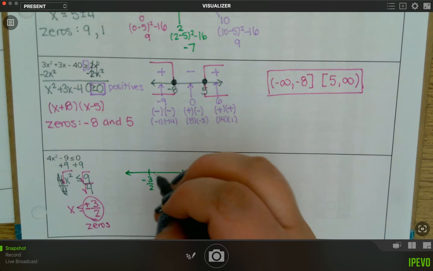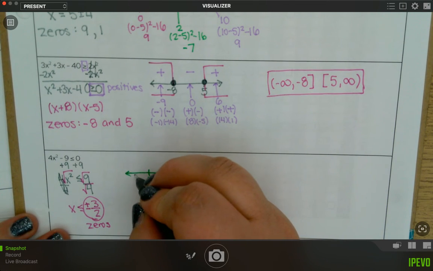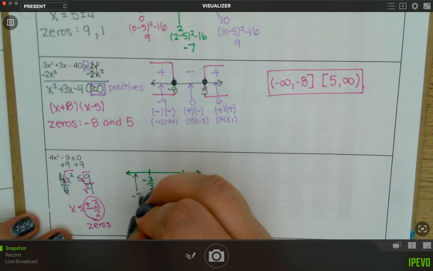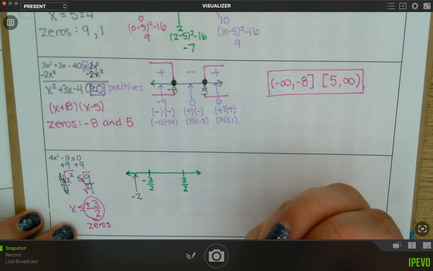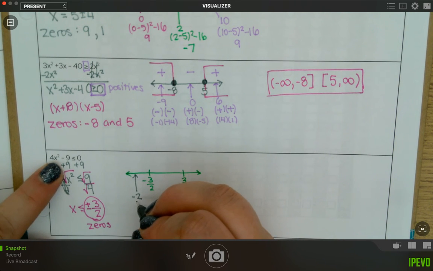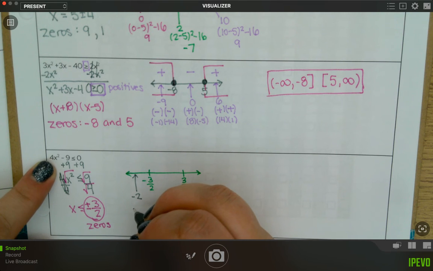Okay. Something to the left of -3/2 is -4/2 or -2. And this is one that doesn't have factors, so you kind of just have to plug it in. -2 squared is 4. 4 times 4 is 16.